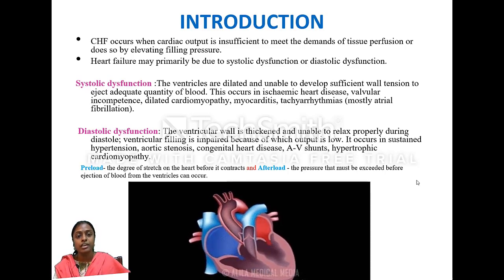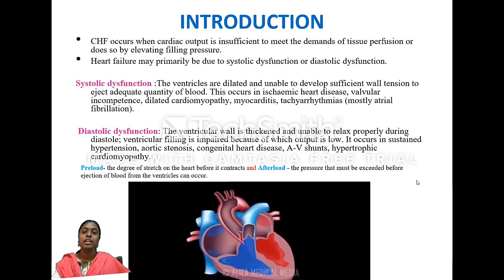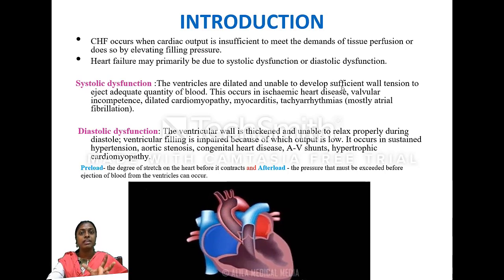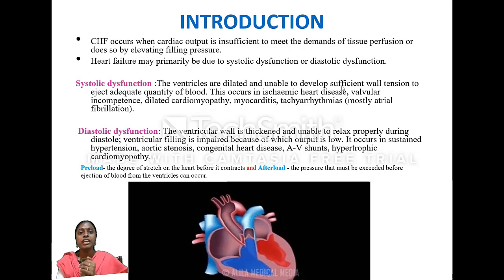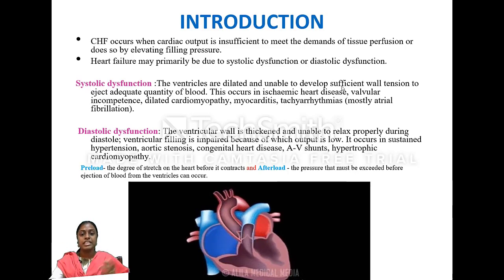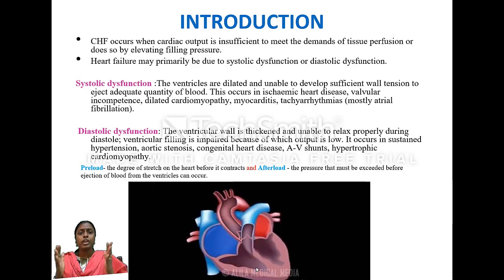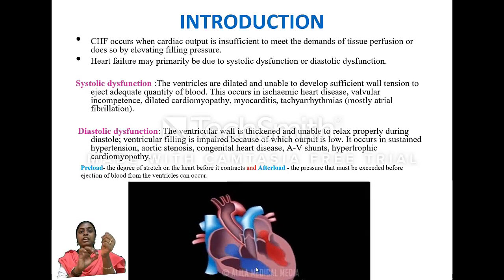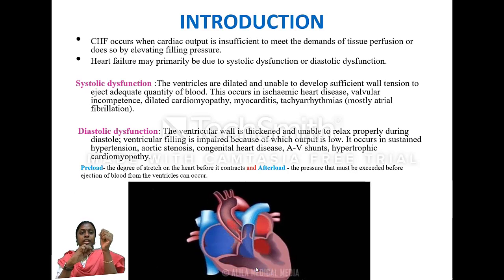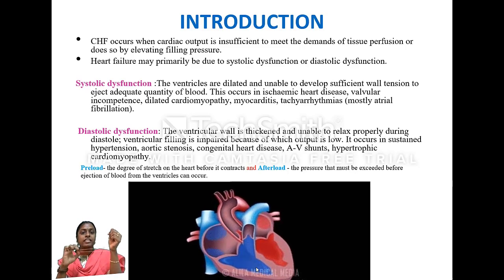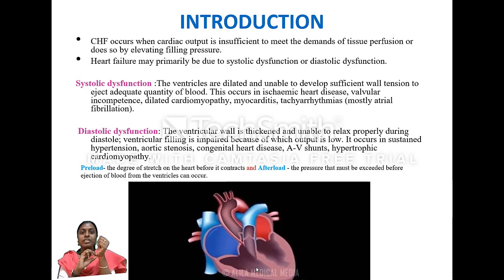Yesterday we already learned what systolic dysfunction is. If you see this one, this is like wall tension. You won't have sufficient wall tension to give that ejection. For example, think this is my wall. If I have more wall tension, then it will contract more, isn't it?